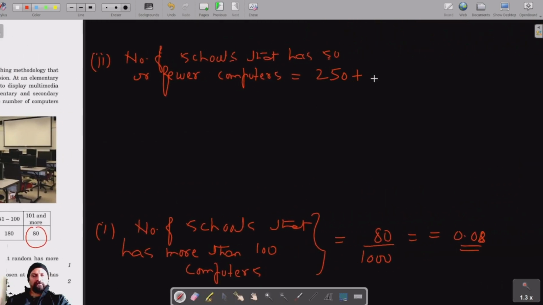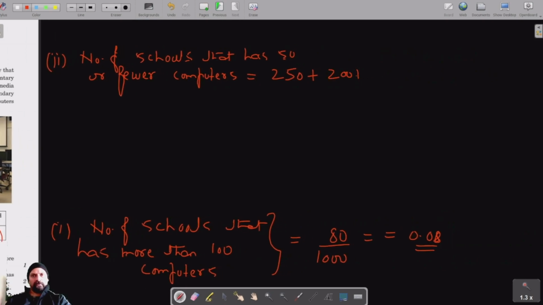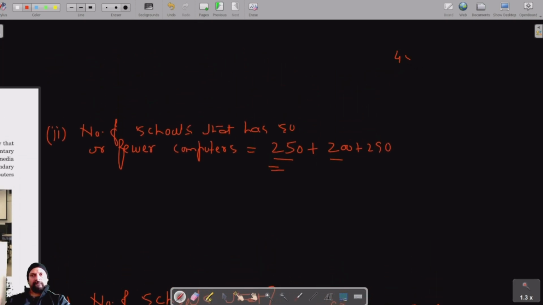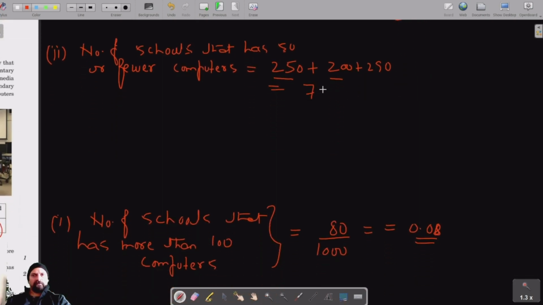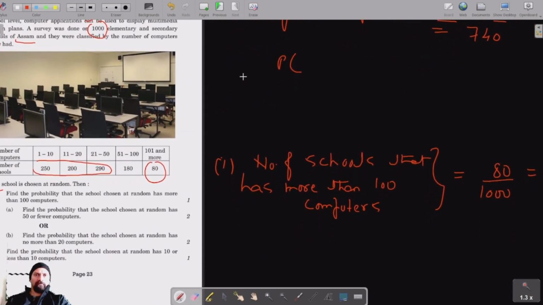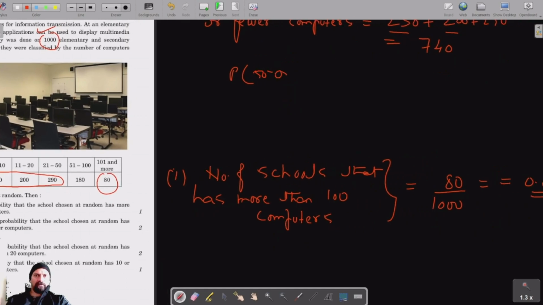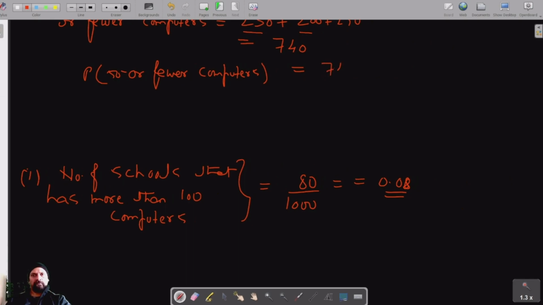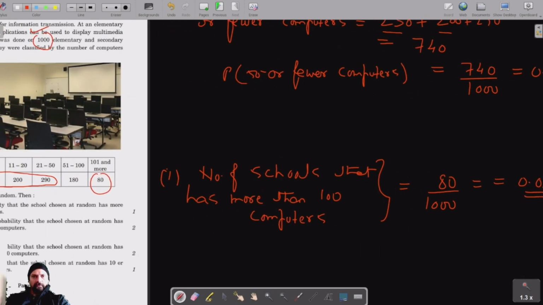So this is 450, and 450 plus 290 is 740. And we have to find the probability of 50 or fewer computers, which is 740 by 1,000, which is equal to 0.74.